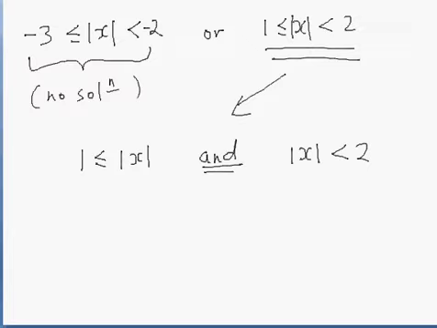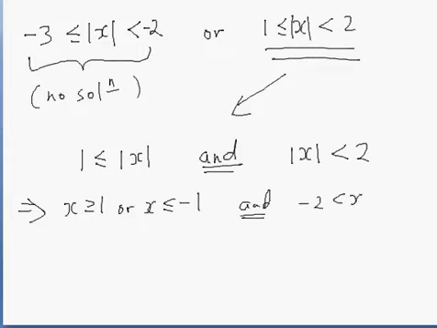So from here we have x greater than or equal to 1 or x less than or equal to -1. This is my first solution set. My second solution set is this. So what does and mean? It means take this solution and intersect with the second solution set.